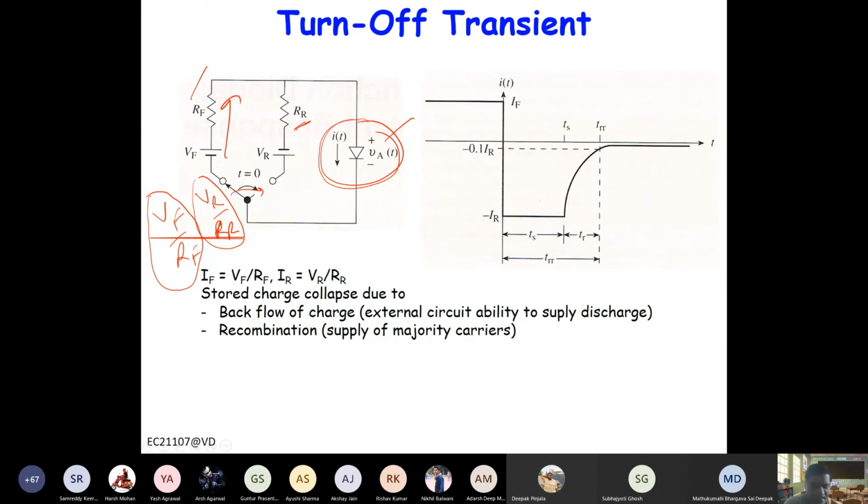You will see in the coming slide, because the direction of current is reversed, right? So if there is a series resistance here, very small, then due to the change in the direction of current, the voltage drop across this RS will be a sudden change, right? So this is the storage time, and this is the reverse recovery time, right?